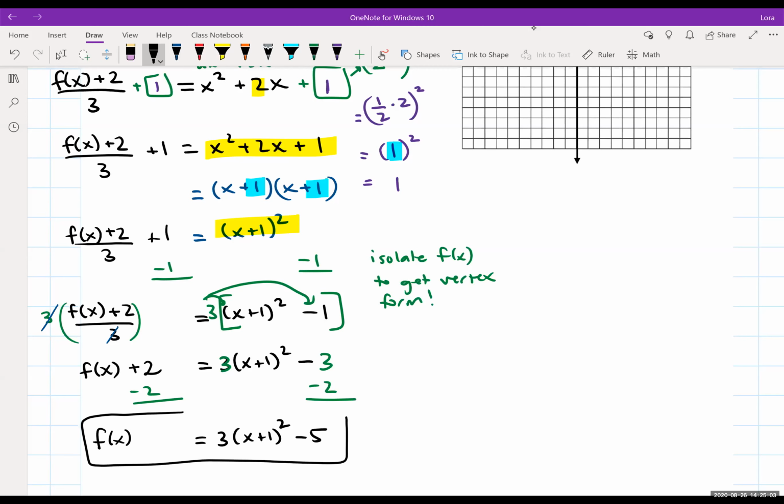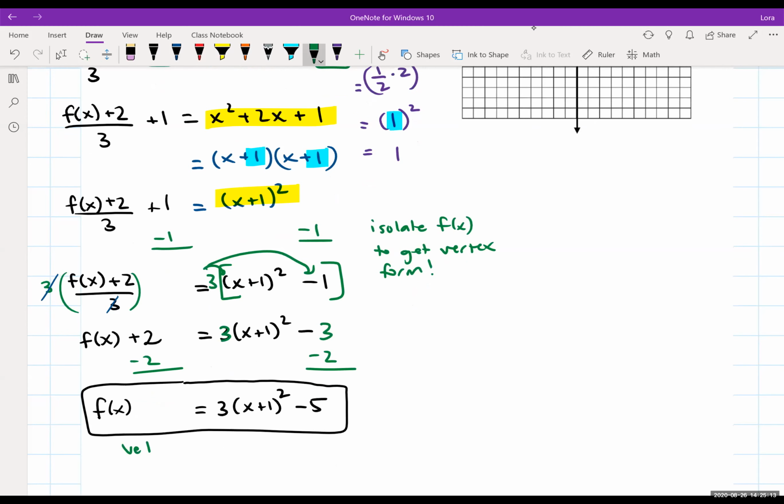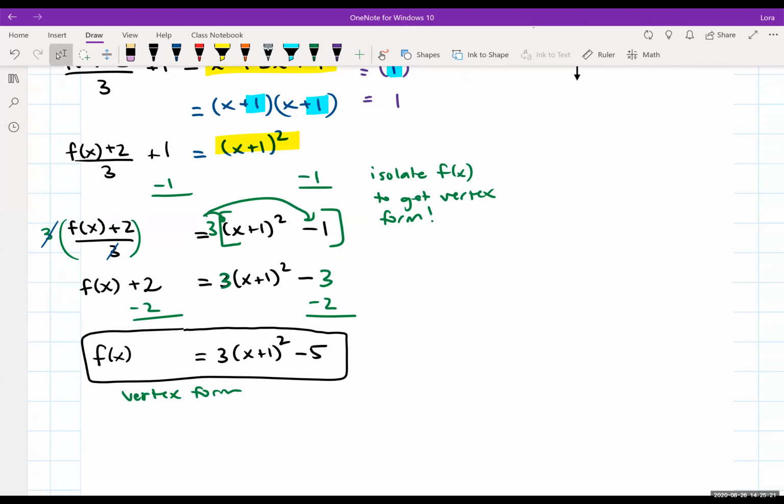So that would be one part maybe they're looking for on the exam. And from that form, and maybe I'll label it just to help us remember, we are in vertex form. From that form, we could identify the vertex right away. Our vertex is h comma k.